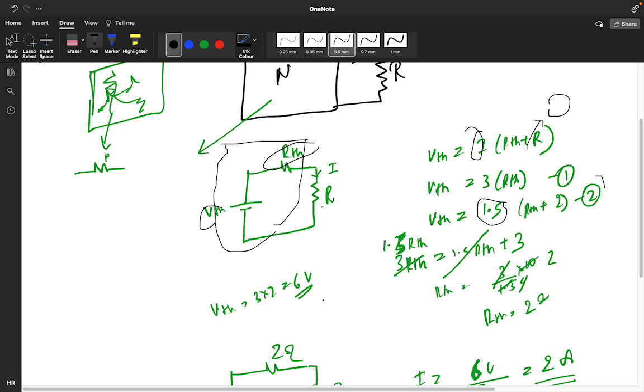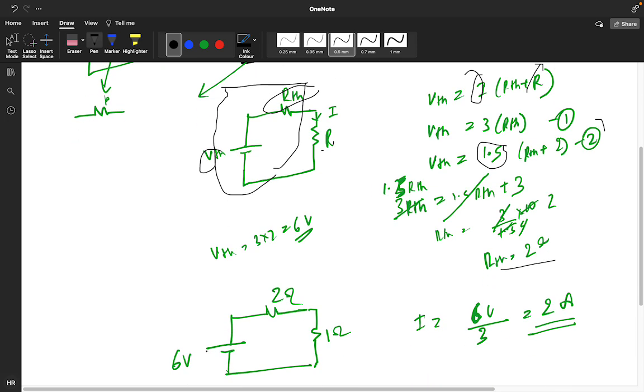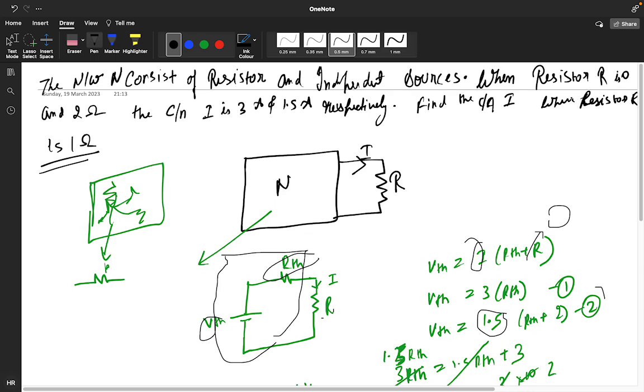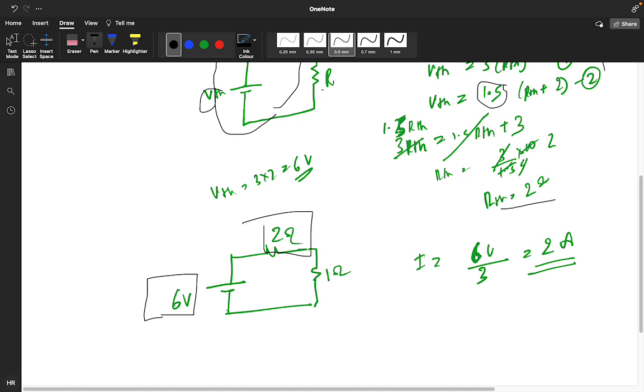So VTH I am getting 6 volt and RTH I am getting 2 ohm. This is my VTH value and this is my RTH value. And they asked how much the load current will be when resistor is 1 ohm. So I am making my resistor 1 ohm and calculating the value of I. I will get I as 2 ampere. Now it's clear? Yeah, okay.